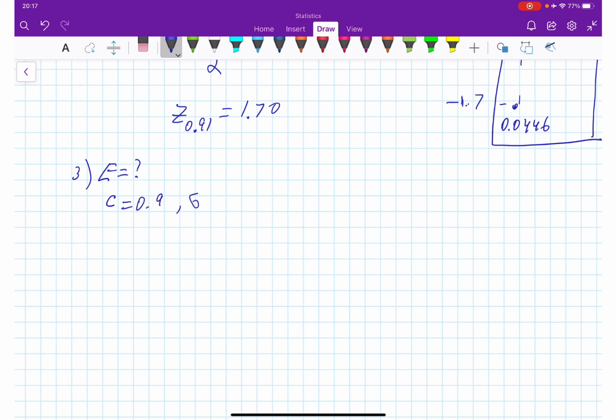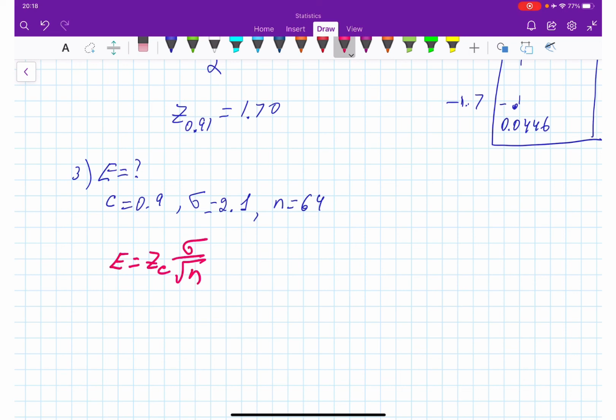Sigma is equal to 2.1 and n is equal to 64. In a word problem we usually start solving backwards. First of all, we need to find the formula for E, the margin of error. The formula for margin of error is z-critical times sigma over the square root of n.